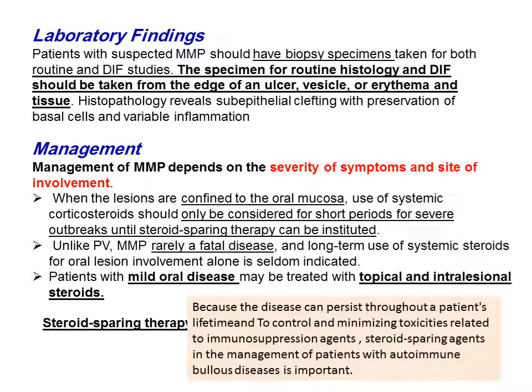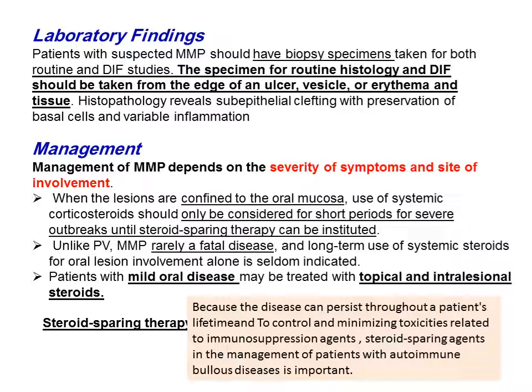Unlike bullous pemphigoid, mucous membrane pemphigoid is rarely a fatal disease, and long-term use of systemic steroid for oral lesion involvement alone is seldom indicated. Patients with mild oral disease may be treated with topical and intralesional steroid to stay away from the systemic steroid.